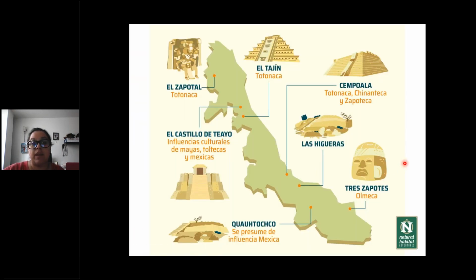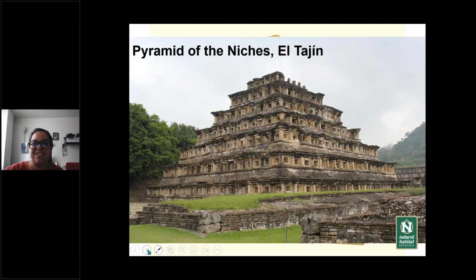Veracruz is also a very important archaeological site, a very important center of development for the first cultures of Mexico. One area that I consider very beautiful is El Tajín with this pyramid. It is thought to serve as a solar calendar, because it has 365 niches.